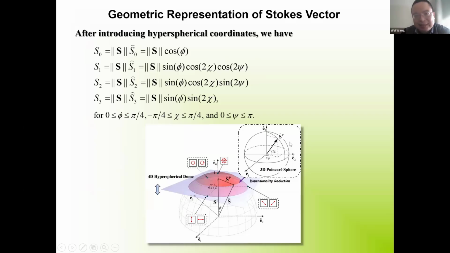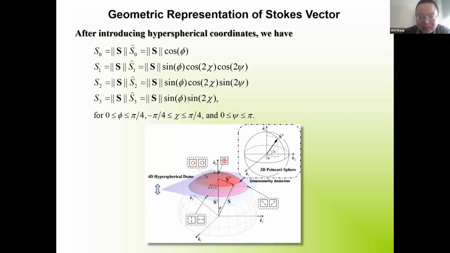After introducing the hyperspherical coordinates, we can represent the Stokes vector on this hyperspherical dome. This is a four-dimensional hypersphere. We choose E0 as one axis, and the other three axes are E1, E2, and E3 for the Poincare sphere. To visualize this hypersphere, we use a projection or slicing method.